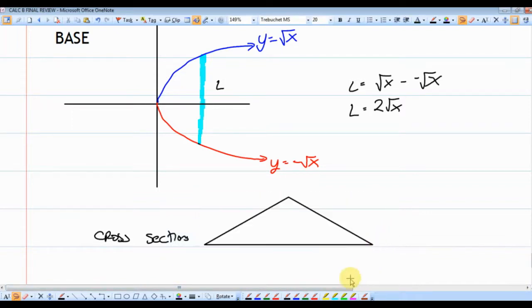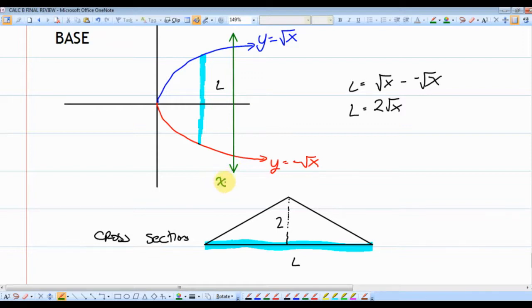Okay, that's my L, right? And then the altitude here is 2. So the key is to figure out the... oh, you know, I forgot a line here. I forgot x equals 4. Sorry about that.